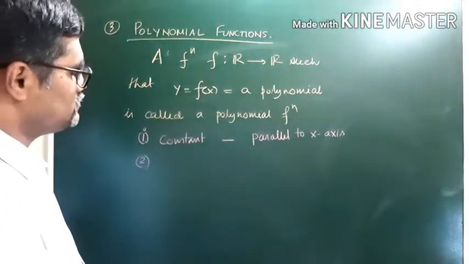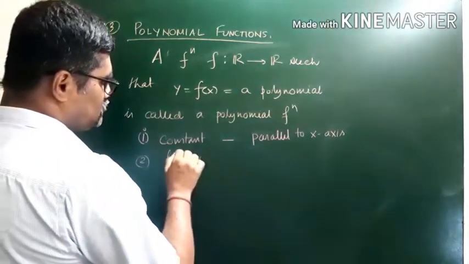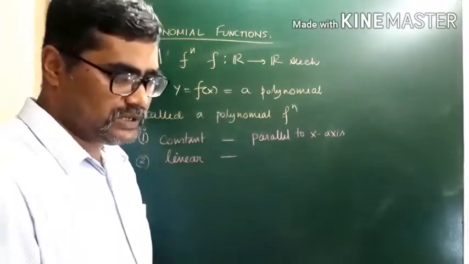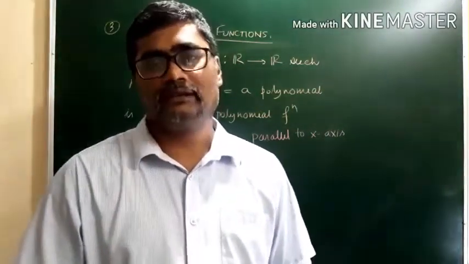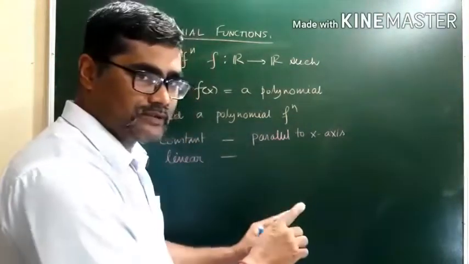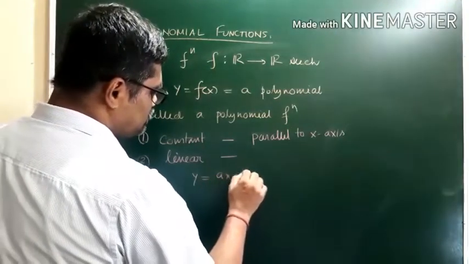Then next is linear polynomial. Linear means single variable. Linear polynomial, ax plus b type, so it is ultimately what you will see. I'll do a rough for you. f(x) means y and ax plus b.